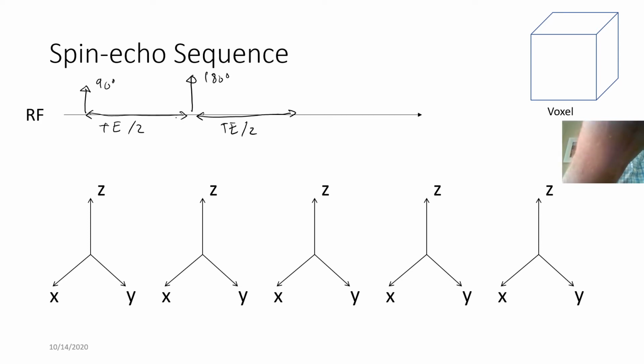And if we look at the net magnetization at a couple of different times here, let's look right after the 90 degree pulse.